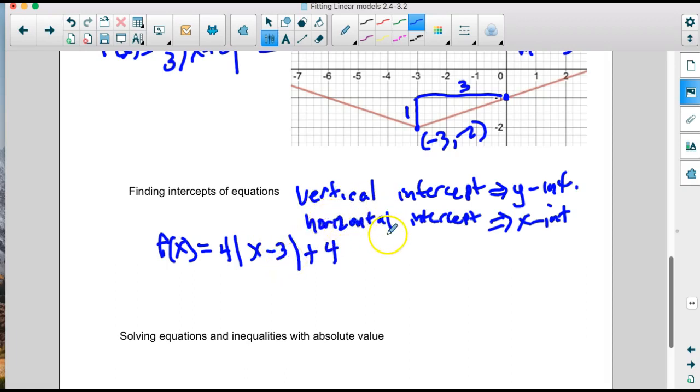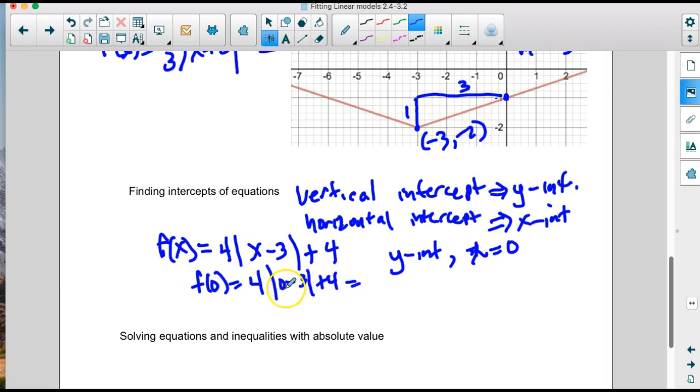Okay, so for the y-intercept, x equals 0. So that means that you're going to just put in 0 right here. So you'd go f of 0 equals 4 times the absolute value of 0 minus 3 plus 4.